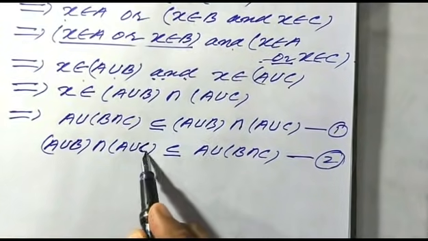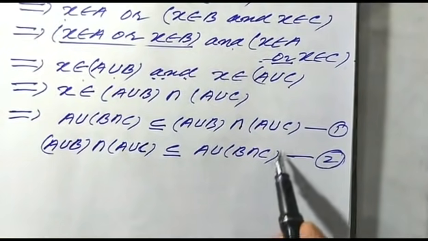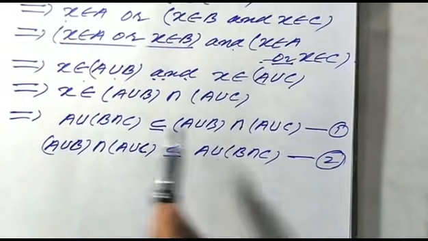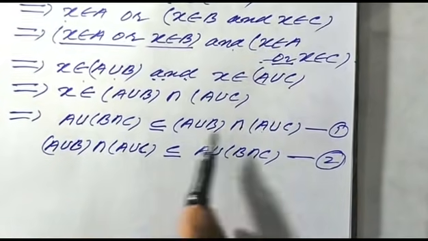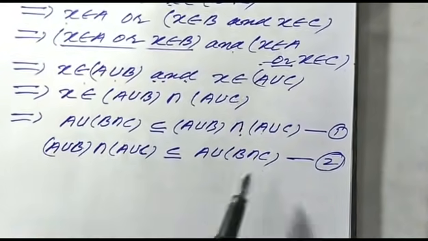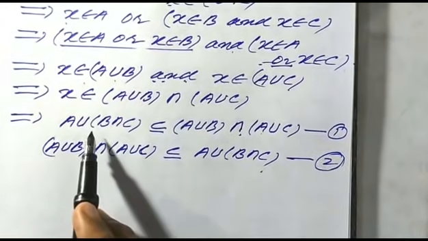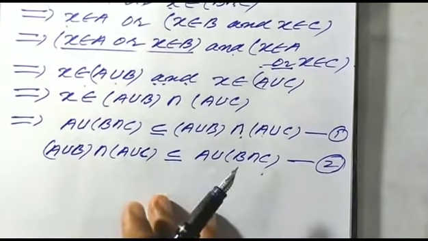So from these two results, if this set is a subset of this set and this set is a subset of this set, it implies that both the sets must be equal.